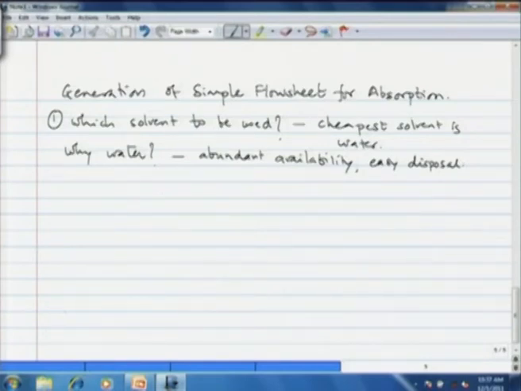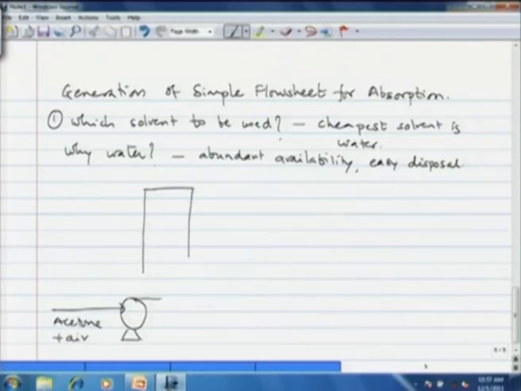Let us say we have acetone and air stream coming from the process that we may need to compress slightly to moderate pressure. Then we have the absorber, air exits the absorber, okay.